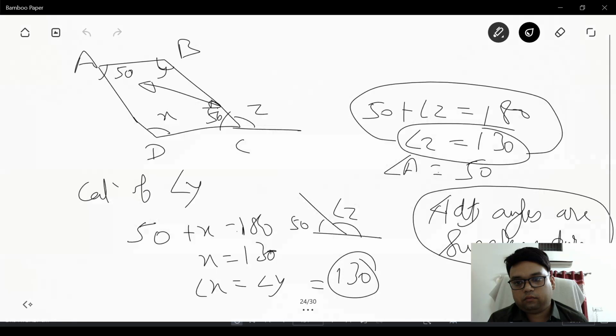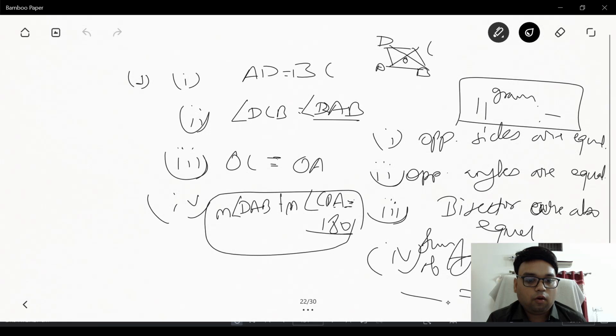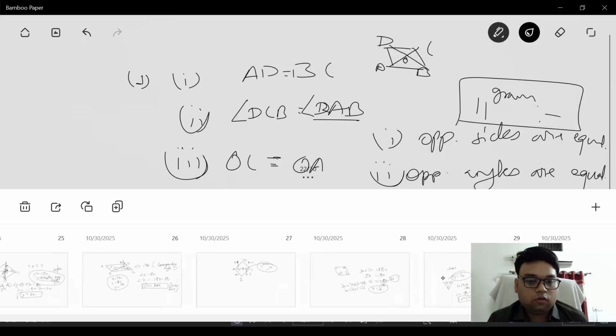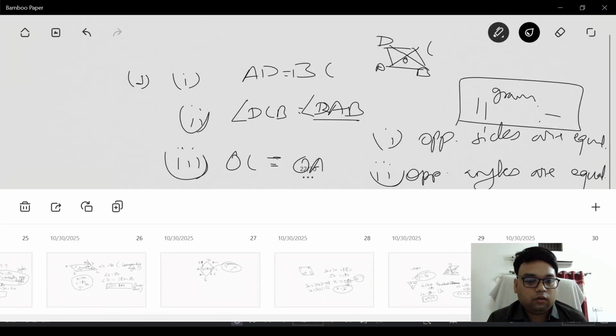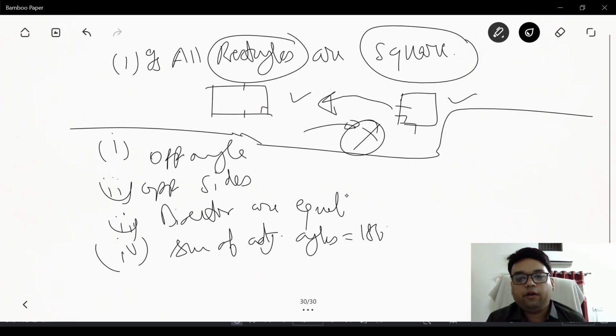Going to question number 1, here the sum of adjacent angles is equal to 180 degrees. This is the fourth property of a parallelogram. So we need to remember and compare the property of a rhombus with the properties of a parallelogram.